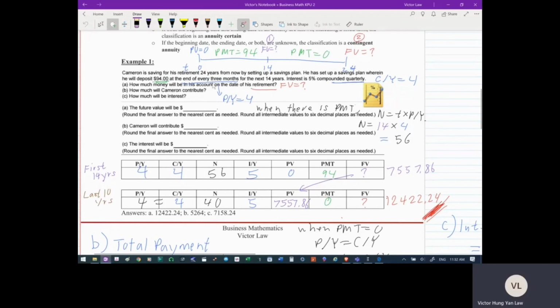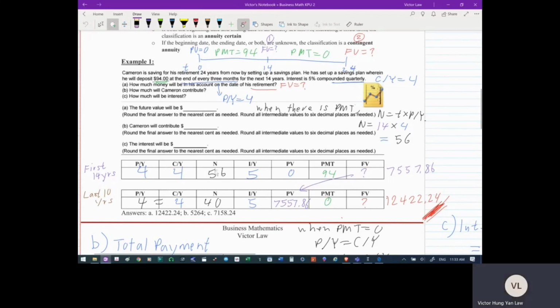Payment at the end of every 3 months, so PY, payment per year, is 4 times a year. And our CY comes from the compounding, from the interest rate. 5% compounded quarterly, so our CY is 4 times a year. So PY is near the payment, and CY is usually near the interest.